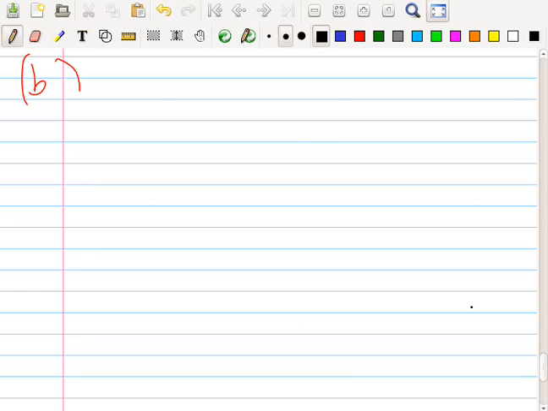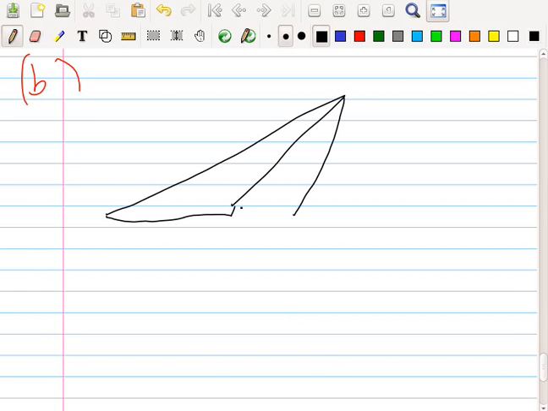What is he asking us for? He wants to know, find the vertical height of the cliff from the plane. So that means, if I draw this again here, that's terrible. Let me put in the angles.